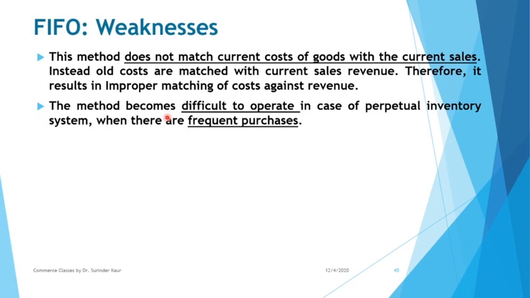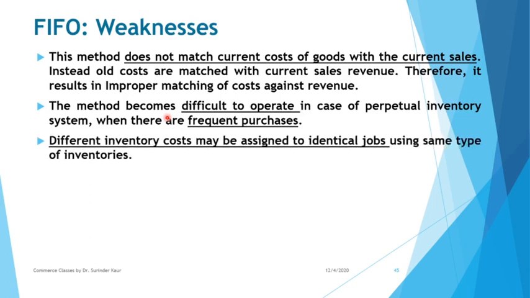So this is a practical difficulty. Although now in the times of computerized working, this is no longer a difficulty, because you are to give the instructions to the system software and the software will start working accordingly. But manually, yes, it is difficult. Now different costs may be assigned to identical jobs in this system. So you might be having similar job being done at different costs.